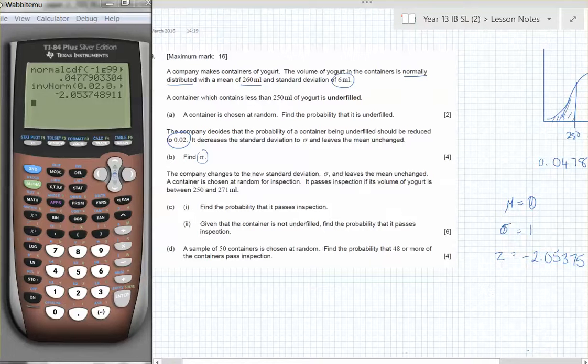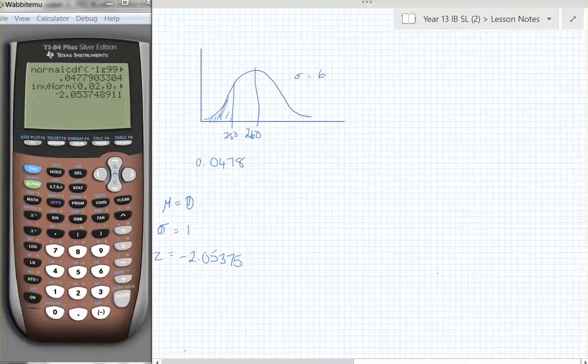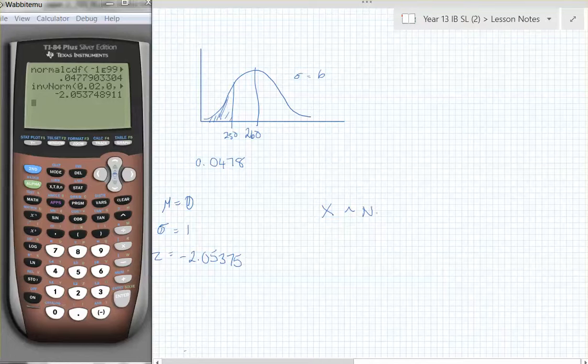Then what we can do is use our formula that we have for standard normal. Okay, so when we have a probability of a value there with a normal distribution, mean, standard deviation like this, we have the z value is equal to the value minus the mean over the standard deviation.